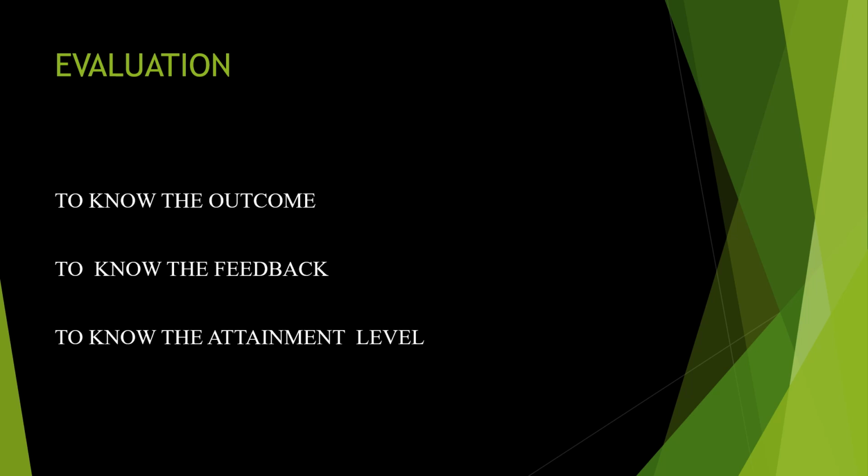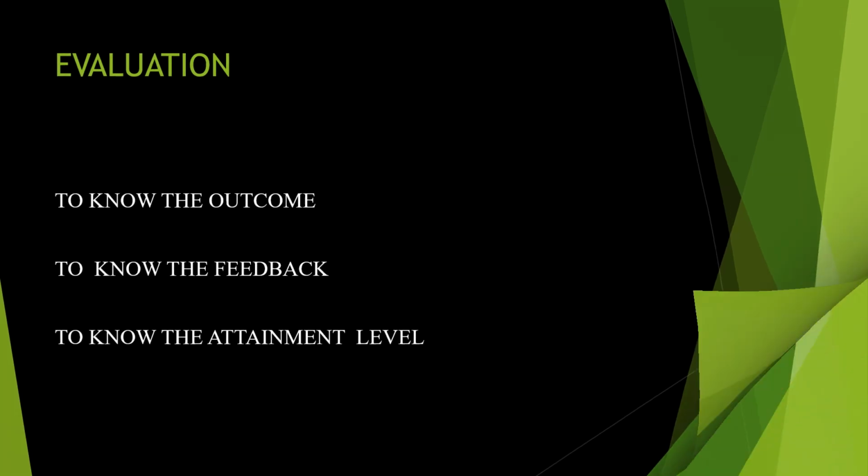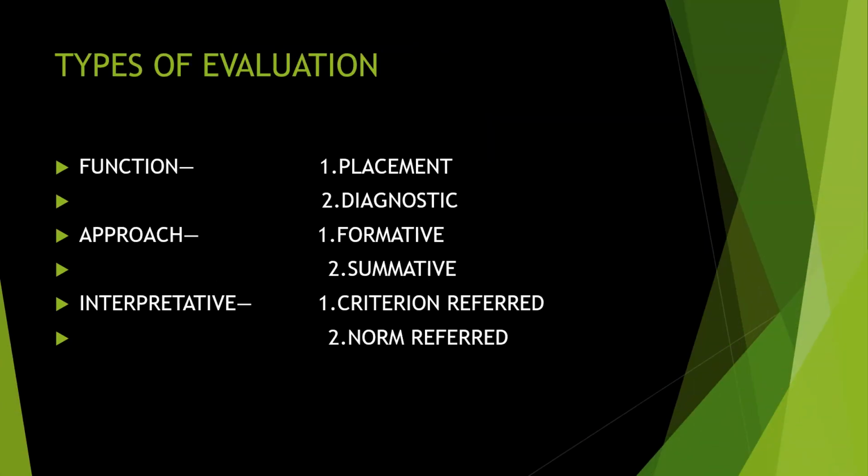Whether he is at a lower, middle or higher level, and whether we have to give extra classes, notes or extra knowledge to the students, has to be decided after we evaluate the learner. Understood? So we are going to the next subtopic, the types of evaluation.